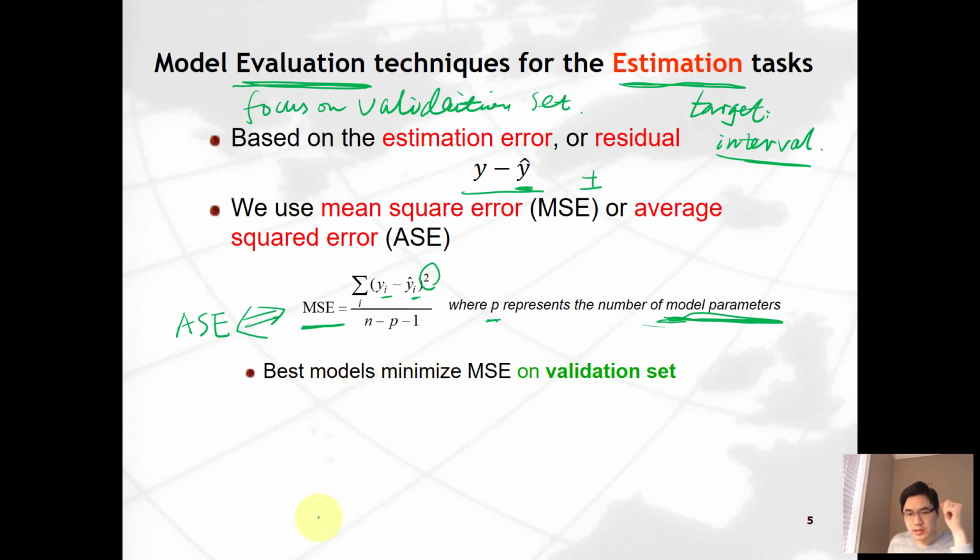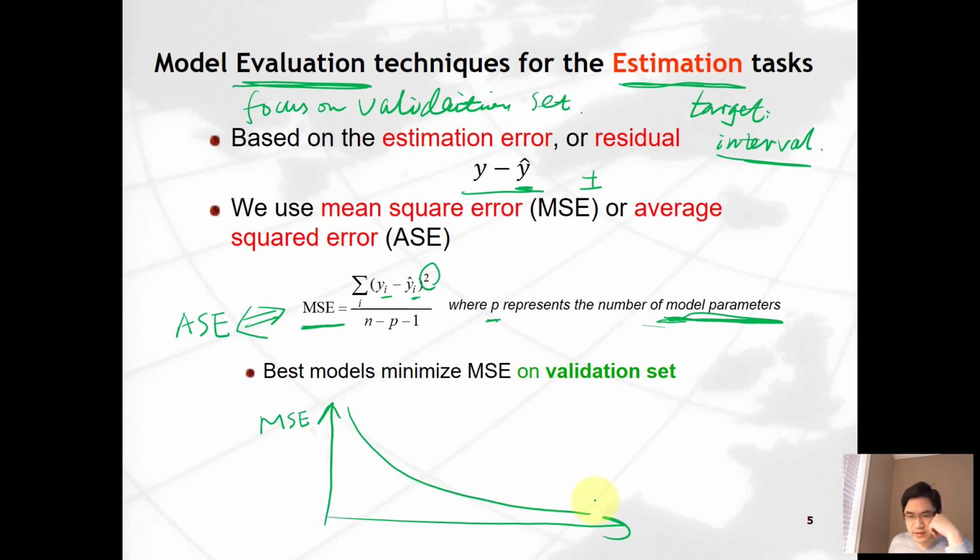And under two-way cross validation, twofold cross validation, you have a training error, which is the thing that the model tries to minimize.